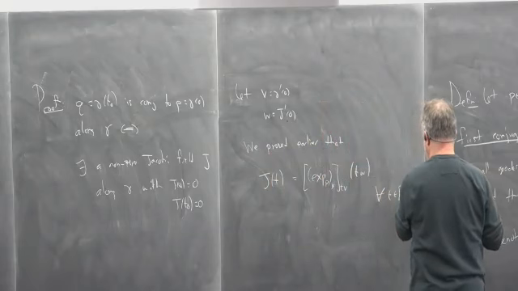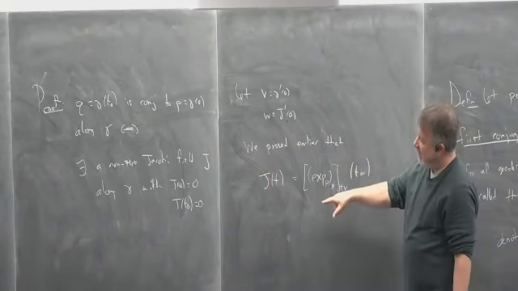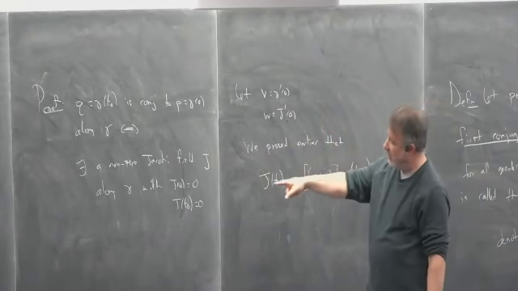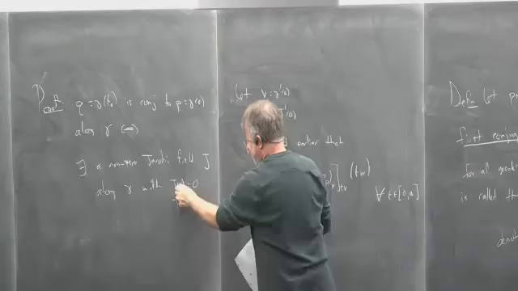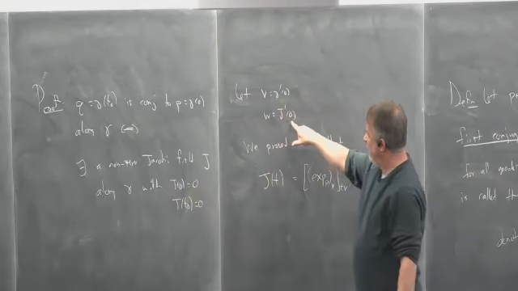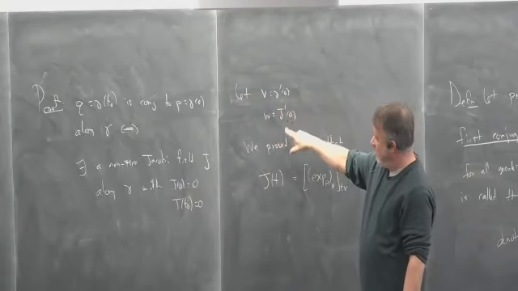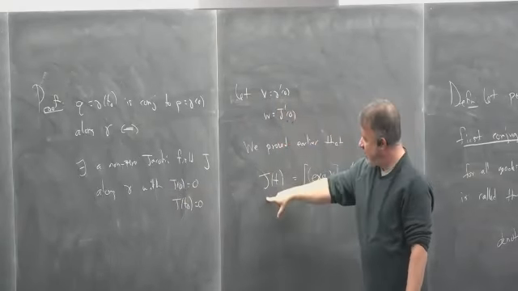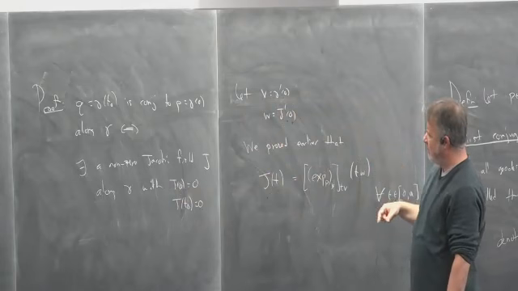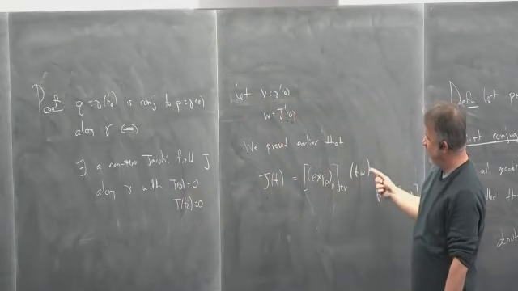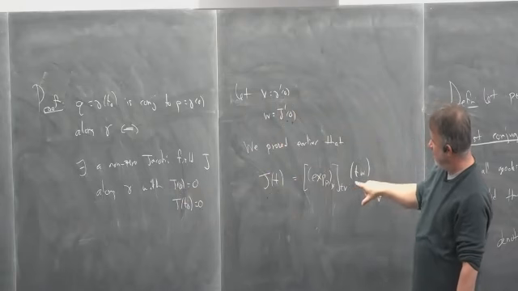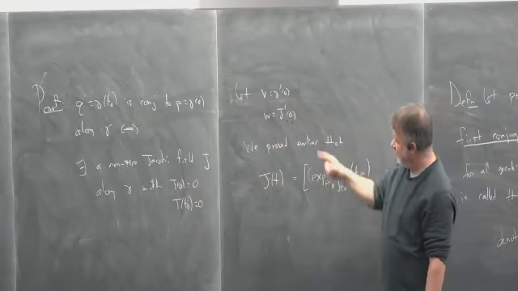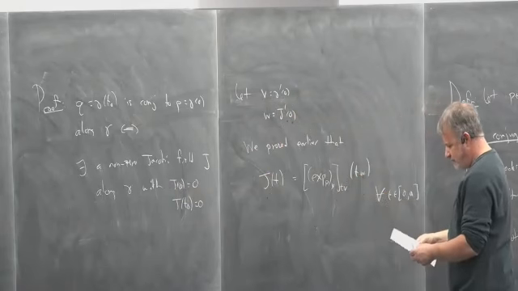So what am I doing here? We had a formula that said if you had a Jacobi field whose initial value was 0, this is just for the Jacobi fields which vanish at time 0, and you know what J prime of 0 is, then you actually know what J is. We know that the initial value and initial derivative determine J, and it was given by this. When I wrote it down before the break, this V was gamma prime of 0, and this W was J prime of 0. That's the same formula.